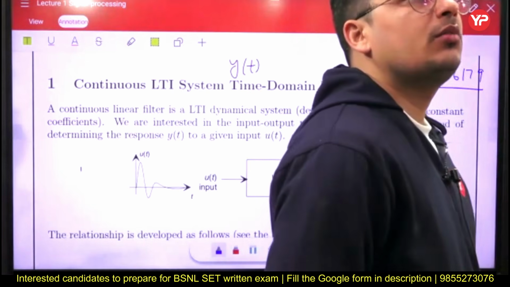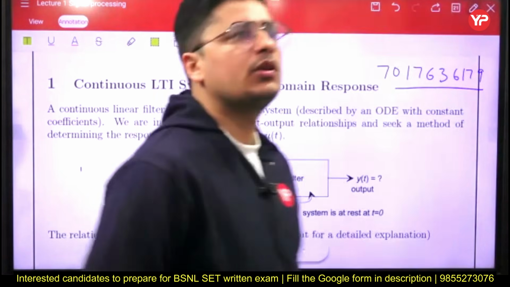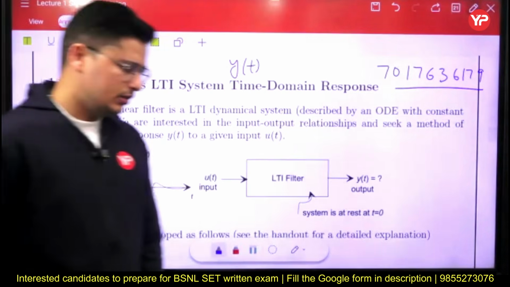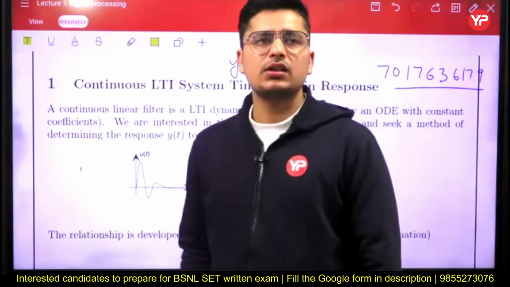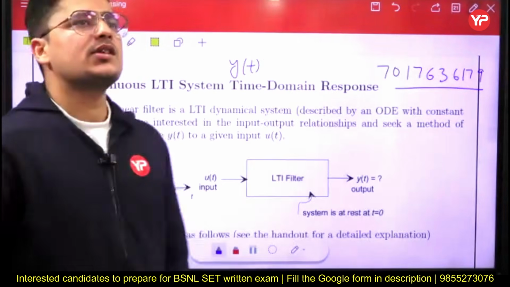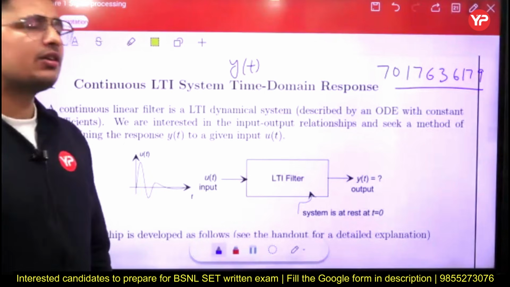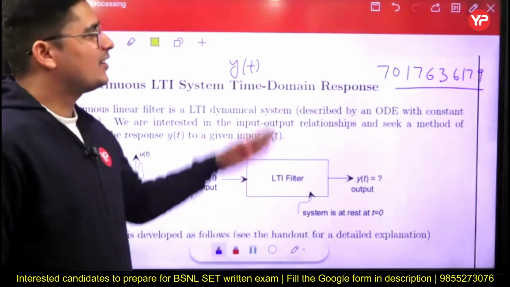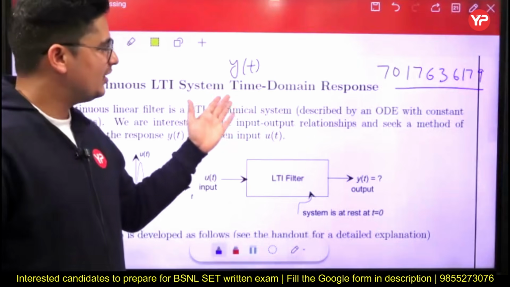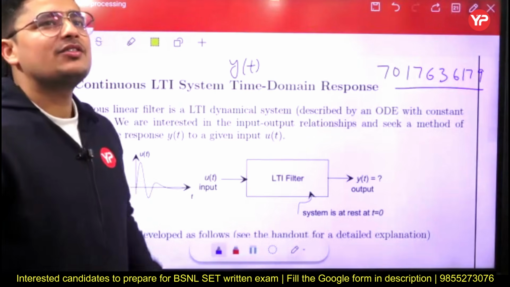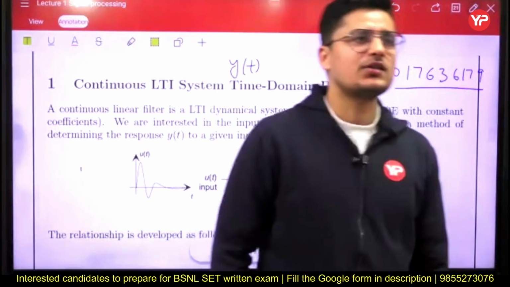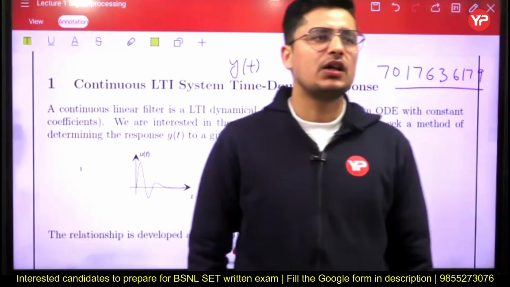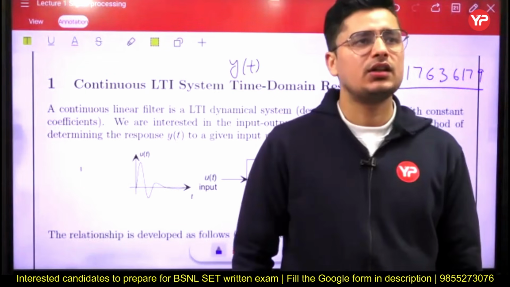What will be the total number of lectures delivered for this module? See, basically, for this signal processing, I am planning to have 7 to 8 classes. Yesterday we covered only half a lecture, because I'm starting at a slow pace and most of the people are not aware of these things, that's why it is taking time.